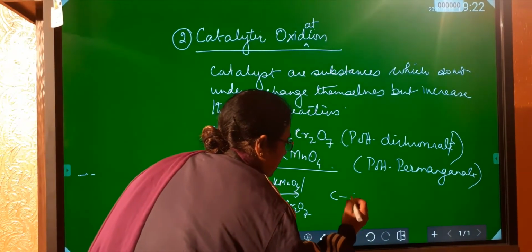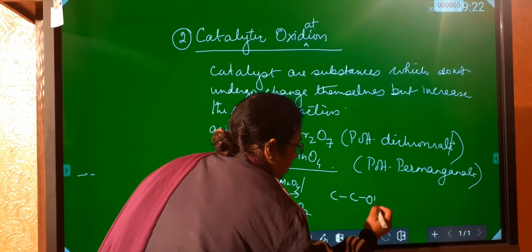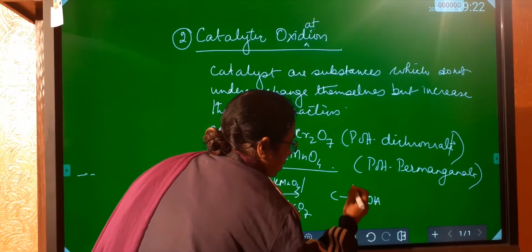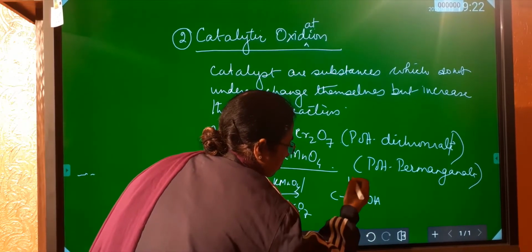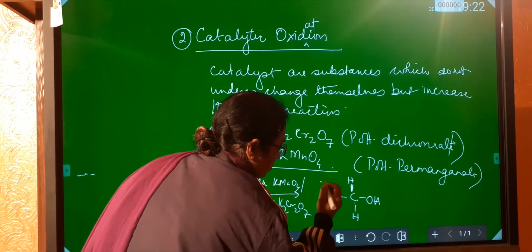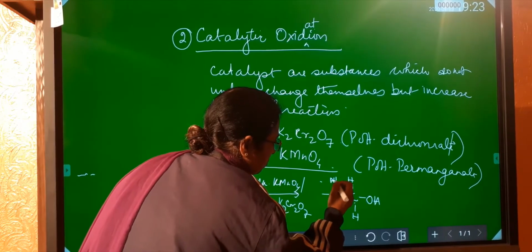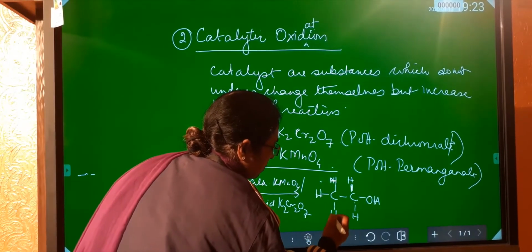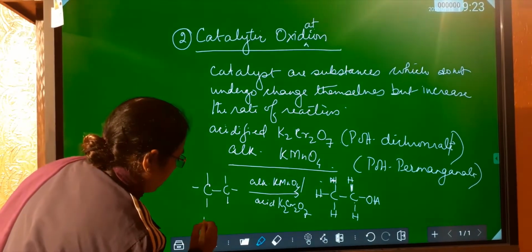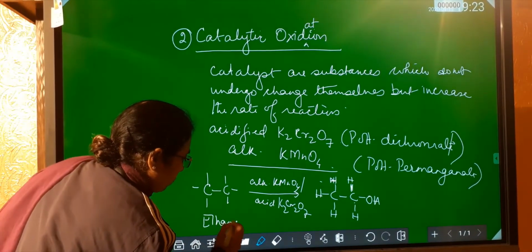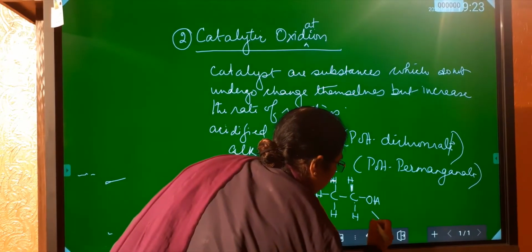Oxidation will take place, and now one oxygen will add over here. That means what do we get? Earlier this was ethane; from ethane we are now getting ethanol.